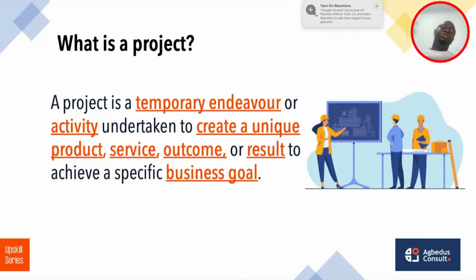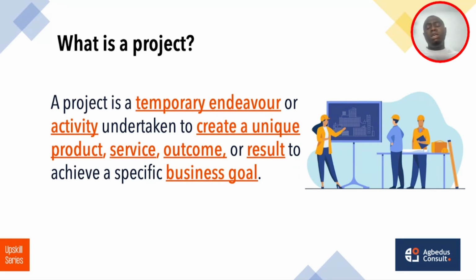We'll start by asking ourselves the question, who is a project manager? And what is a project? We'll start with the question, what is a project? From what we can see, a project is a temporary endeavor or activity undertaken to create a product, service, outcome, or result to achieve a specific business goal.